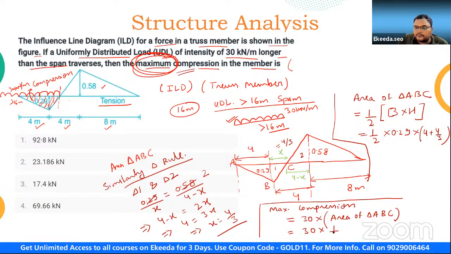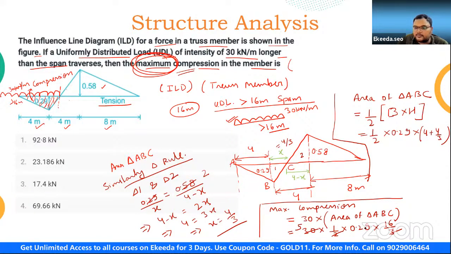So it will be 30 into 1 by 2 into 0.29 into, take LCM here. It will be 16 by 3, right? So this 3 and 2 will cancel this one. This will be 5.